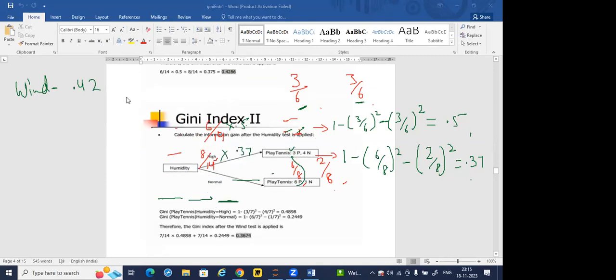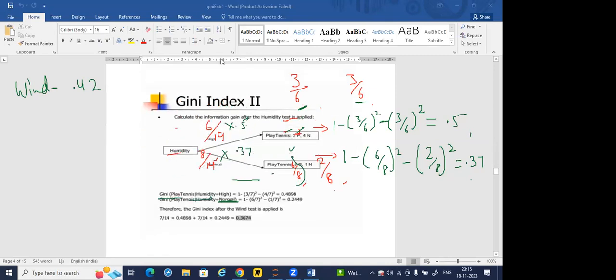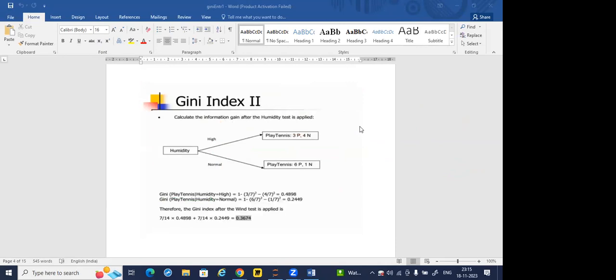Same way, one is to calculate the Gini index for humidity. One is to find out high humidity, normal humidity. Play tennis: 3 times positive, 4 times negative, 3 times the player has gone out to play, 4 times the player has not gone out to play.